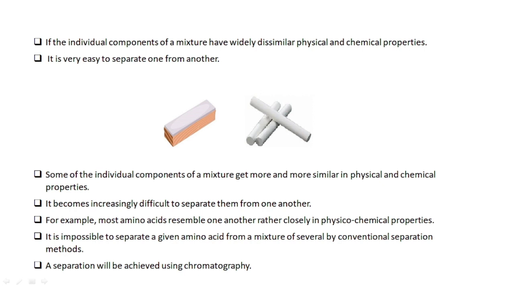We will add some reagents, we will get a color, and based on that we can identify these two. So these two we can identify simply by physical and chemical means.